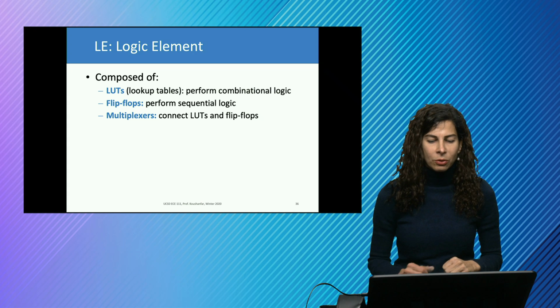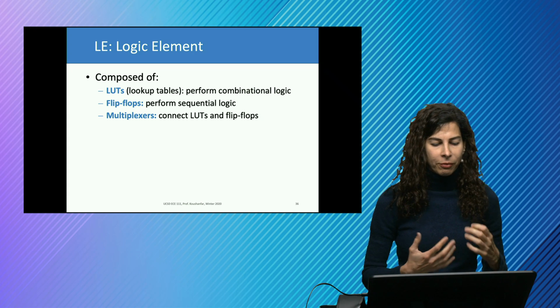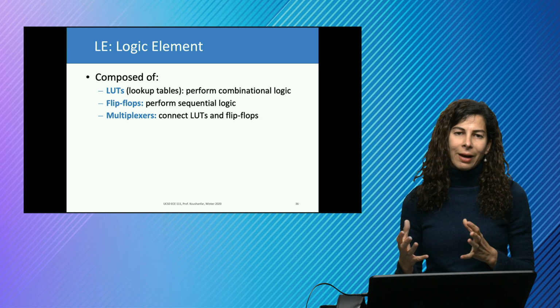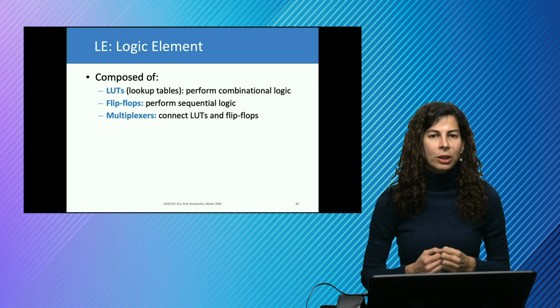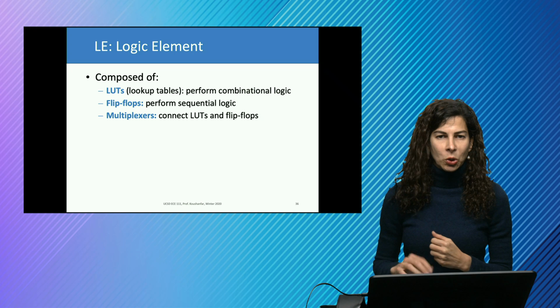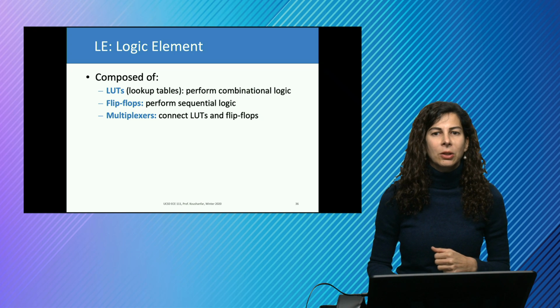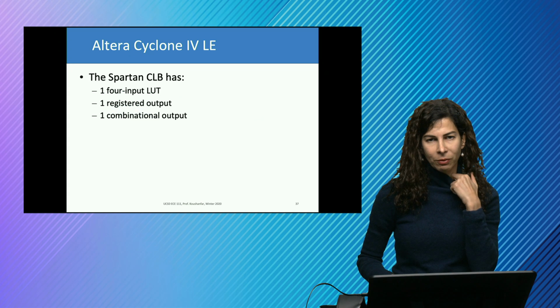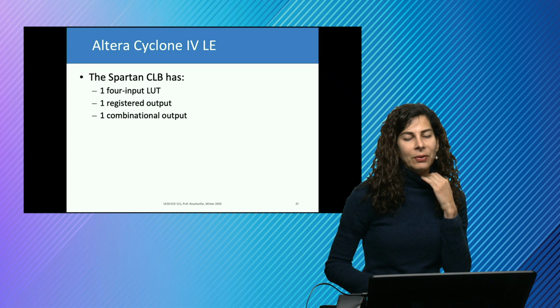The LUTs, or lookup tables, flip-flops and multiplexers. Flip-flops are storing the values of the combinational logic. The multiplexers are the ones I just showed earlier. They connect LUTs, the lookup tables, and flip-flops to make the different types of logic for us.